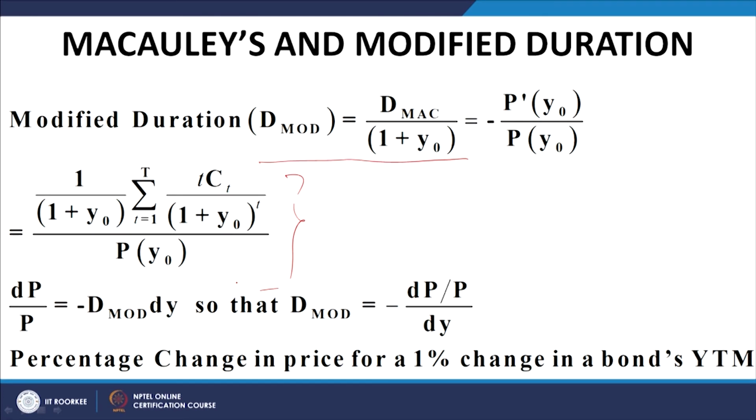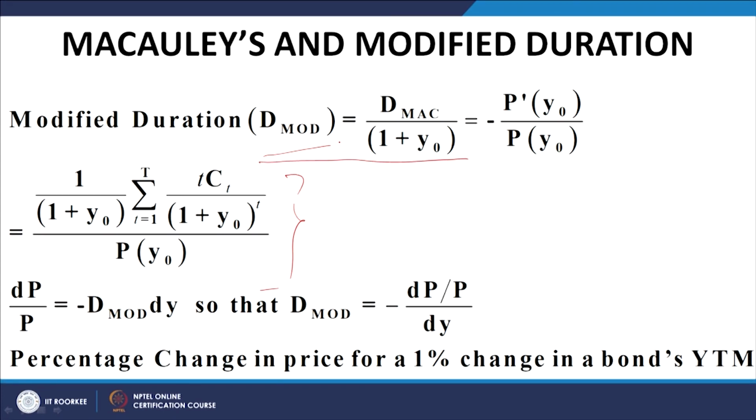In terms of the modified duration, using this expression, D_mod is equal to minus P'(y0) upon P(y0). If you rearrange this formula, taking dy to the left hand side, what we get is dP(y0) upon P(y0) is equal to minus D_mod into dy.